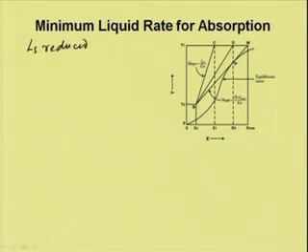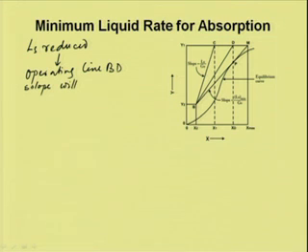The operating line BD, so this is B and D. If we reduce the liquid flow rate, the operating line slope will decrease, and the line comes closer to the equilibrium line.